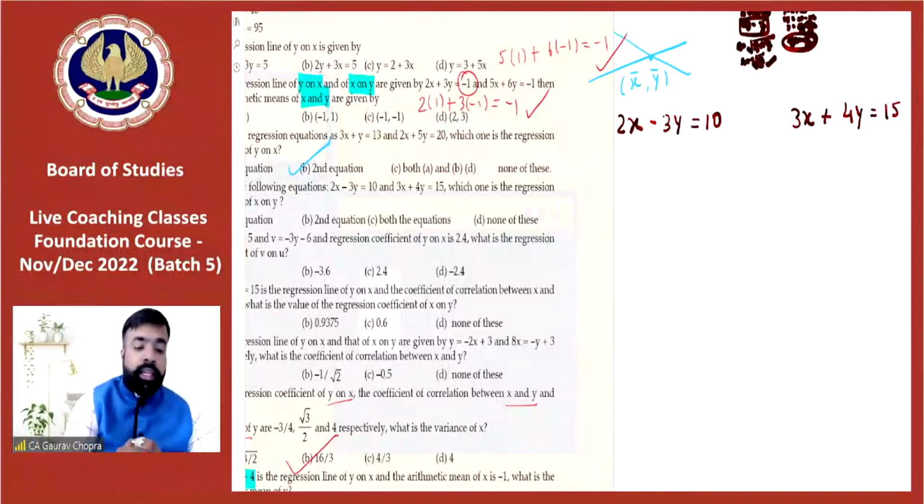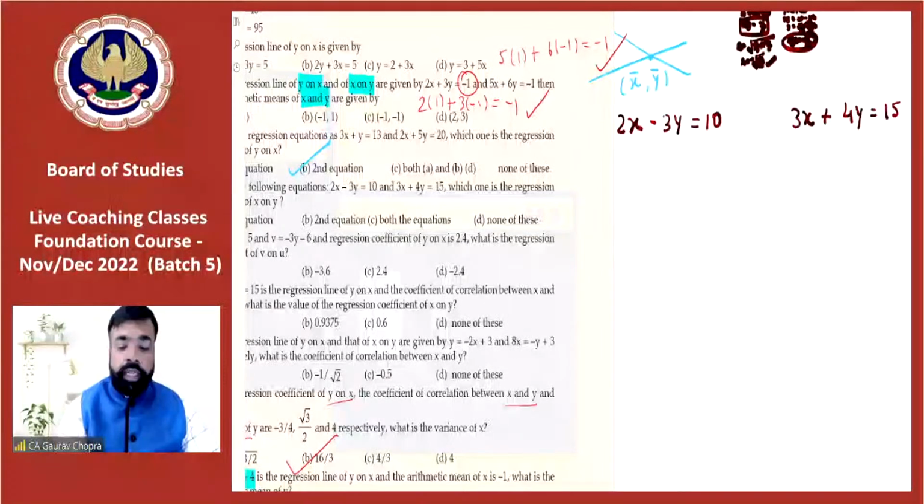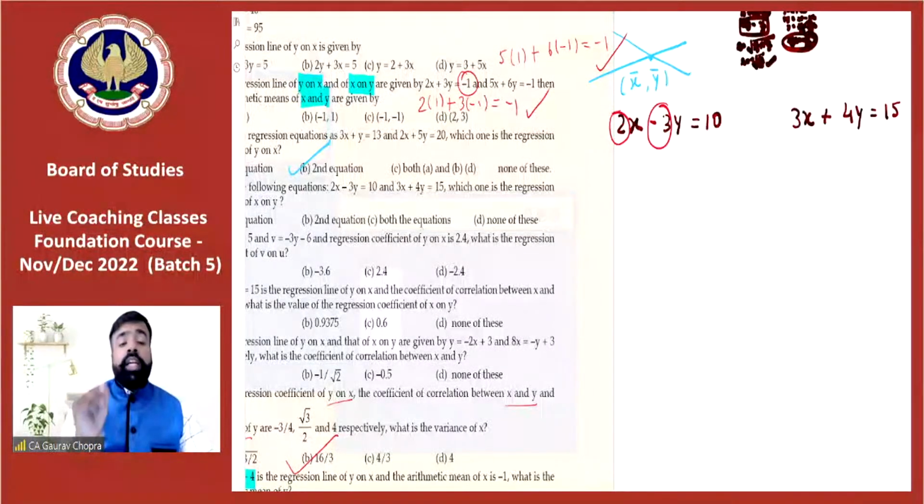So we have to find x on y. Again, we can assume. If we assume the first equation as, see, 2 is smaller, 3 is greater. So if 3 goes in the denominator, that might be better. So we can choose this equation as y on x.